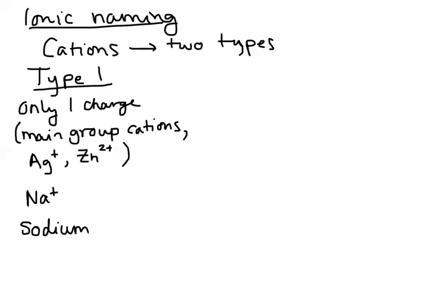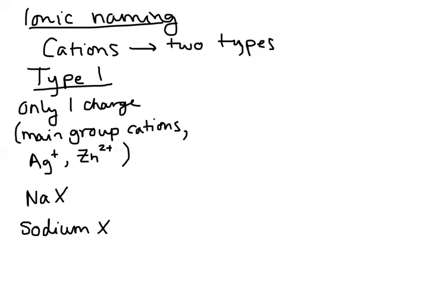For example, if I just had NaX, whatever is followed by sodium, it's going to be sodium something, and then you would put the name of your anion. We will talk about the anions next time, I don't have time, but it's just sodium something. You don't have to change the name at all, which is great.